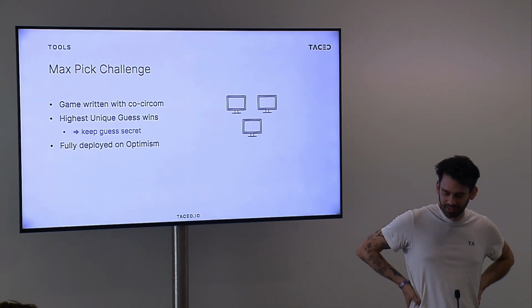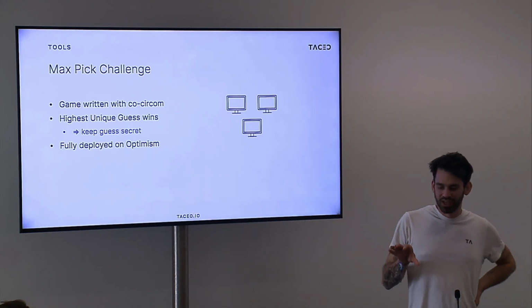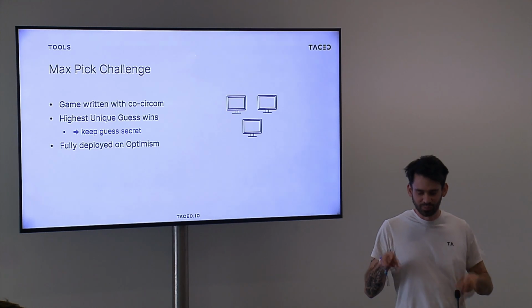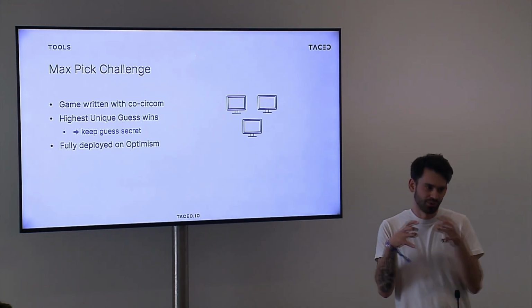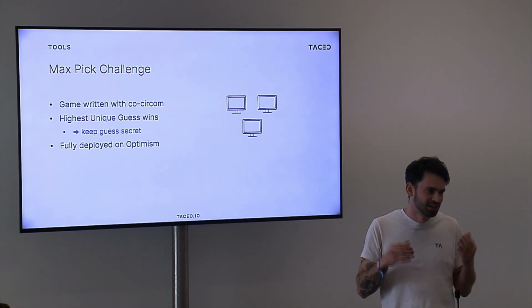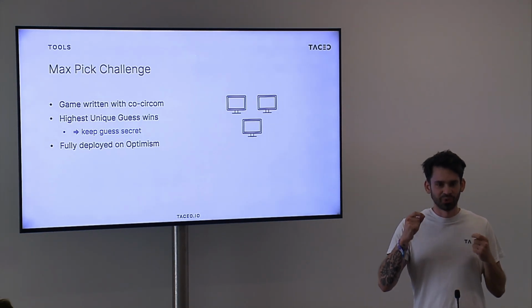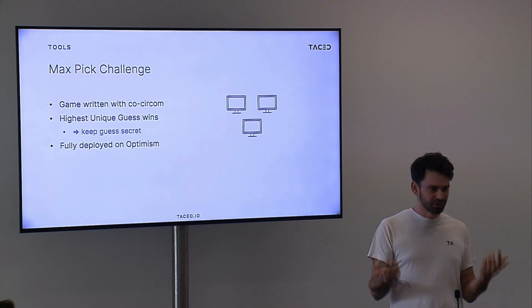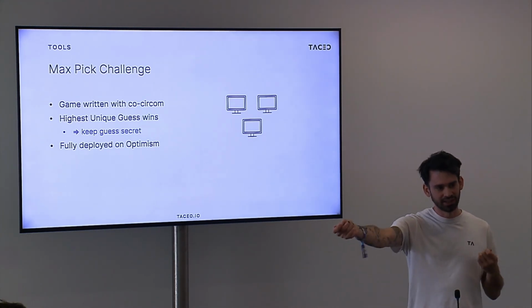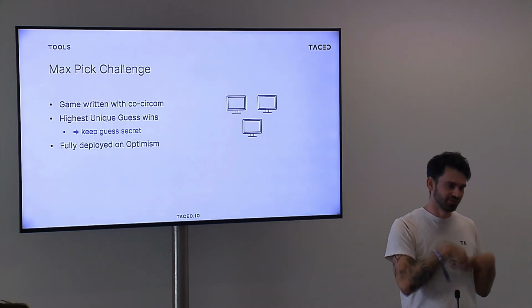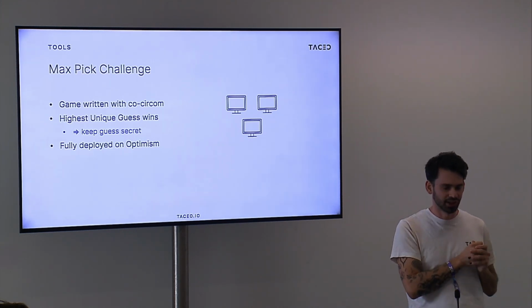In this specific setting we also broke a little bit with the idea of MPC because every node was hosted at our place, so it was for demonstration. But there was actually quite involved how to protect the guesses. You have to commit to the guess in the beginning, and then write the commit on chain with some secret randomness that you chose on your machine.